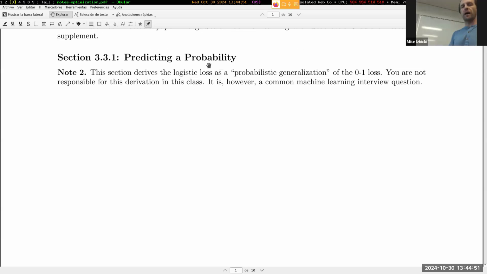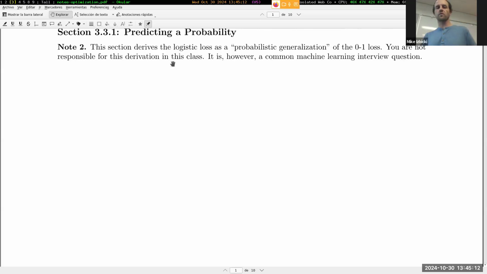We didn't actually talk about how to predict a probability, how logistic regression relates to probability. That's something that we're not going to go over in class. You won't be explicitly responsible for, but it is something in the textbook, and it is something that does come up commonly on machine learning interview questions. And so it's worth just reading through that page or two to have been exposed to it once.